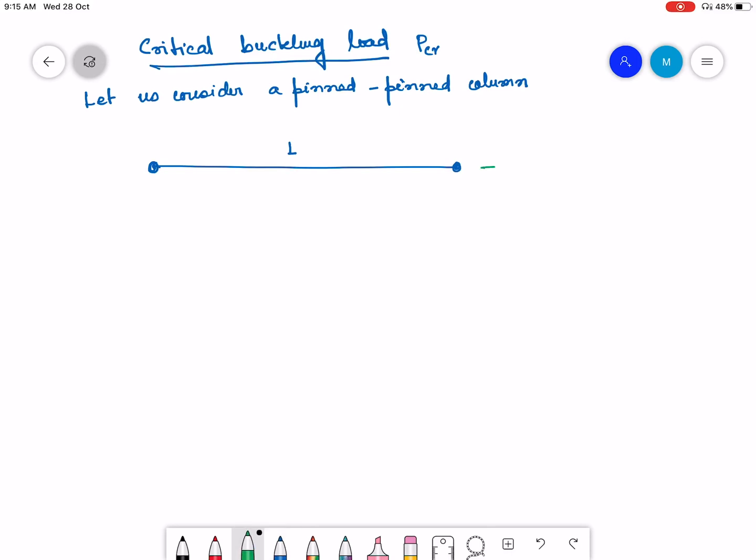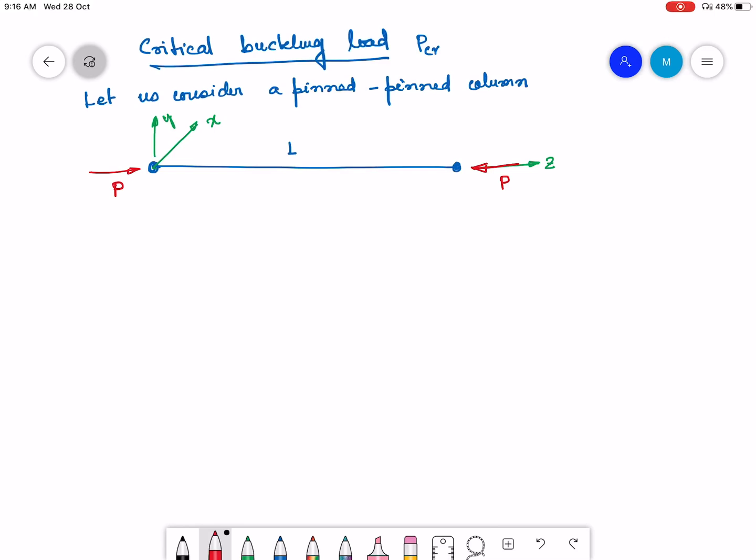This is the Z axis, the lengthwise axis, this is the Y axis, and this is the X axis. Two axial compressive loads P and P act here.